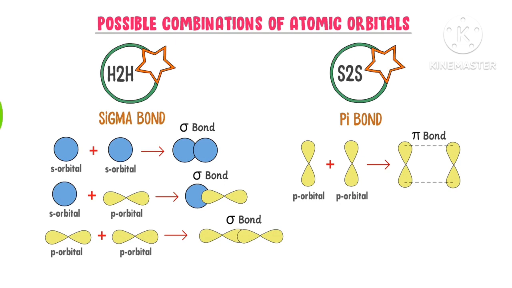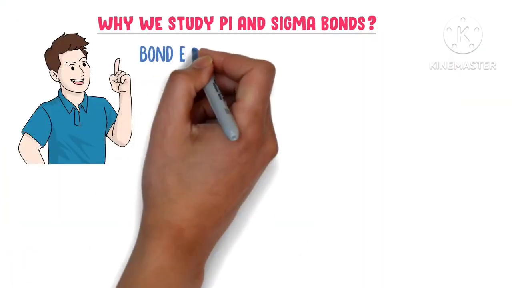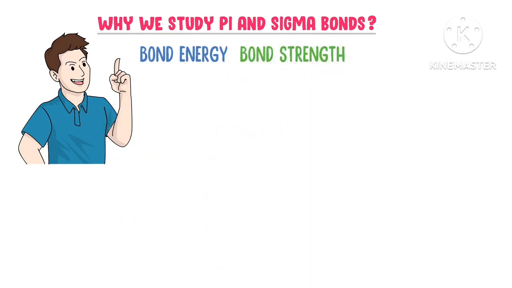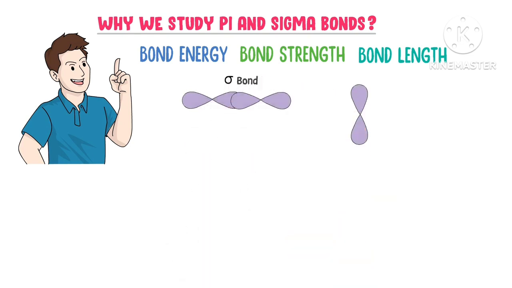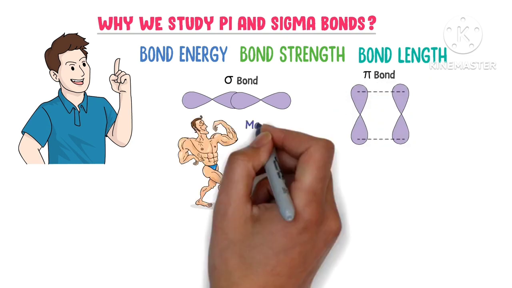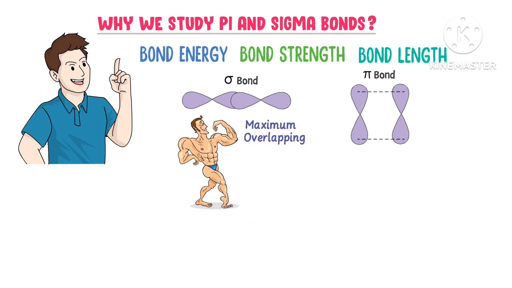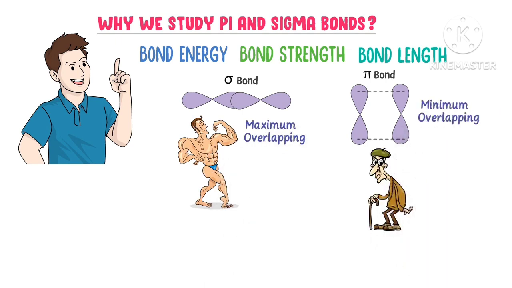Also, you should learn why we study sigma and pi bonds. Well, sigma and pi bonds explain the bond energy, bond strength, and bond length of a molecule. For example, consider sigma bond between these two p orbitals and pi bond between these two p orbitals. Remember that there is always maximum overlapping taking place in sigma bond, while there is always minimum overlapping taking place in pi bond.